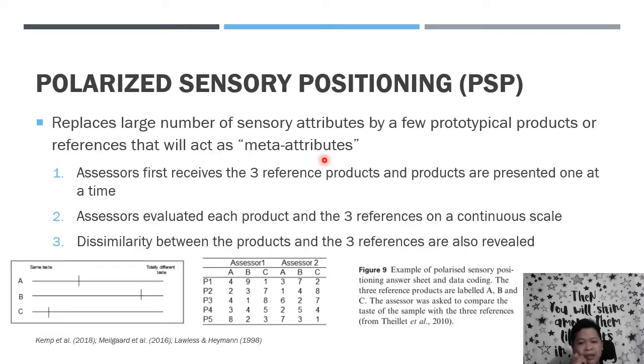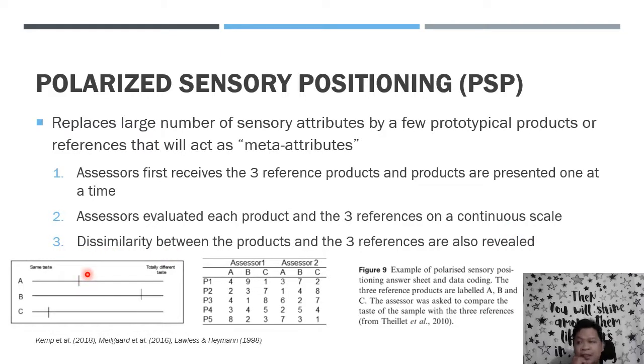And when you receive these three references, which are presented one at a time, you evaluate the product based on the references on a continuous scale. And then afterwards, nire-reveal yung tunay na pagkakaiba ng mga produkto at dun sa reference.